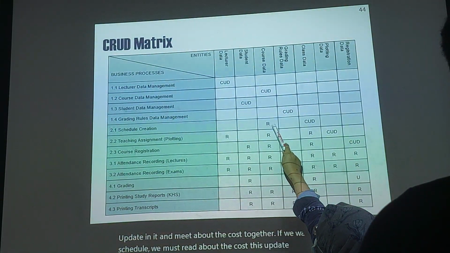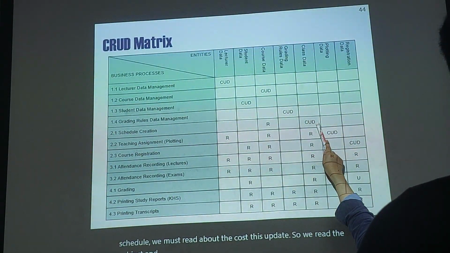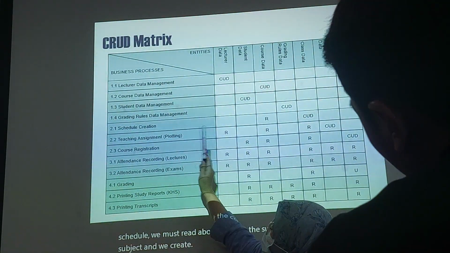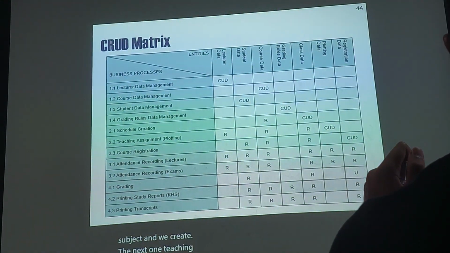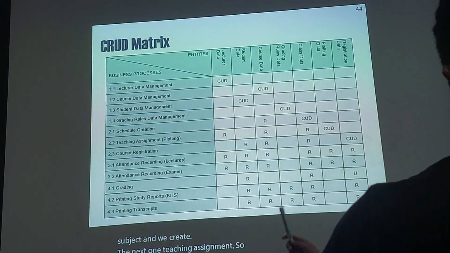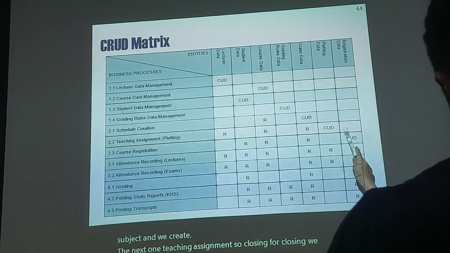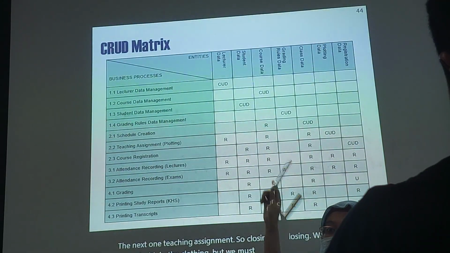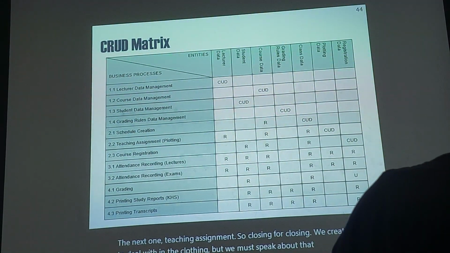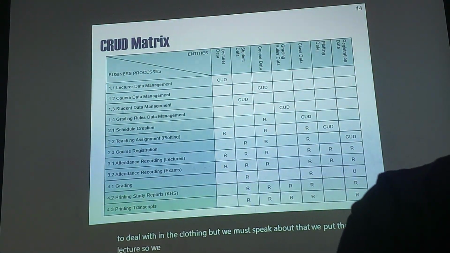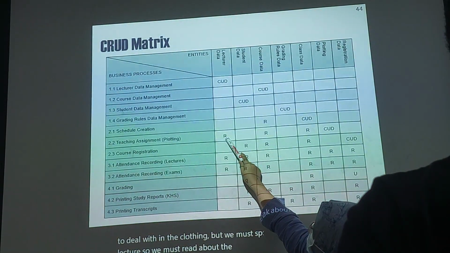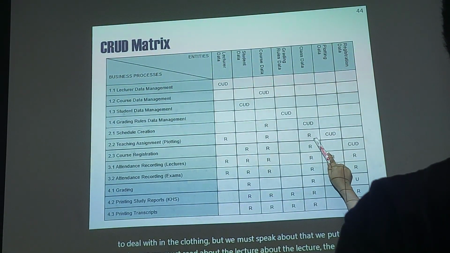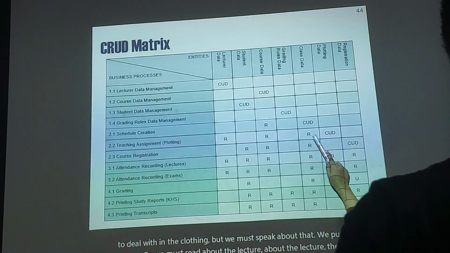The next one, teaching assignment plotting. For plotting, we create, update, delete the plotting, but we must read the lecturer. We plot the lecturer, so we must read the lecturer data, the course data, and the class data.